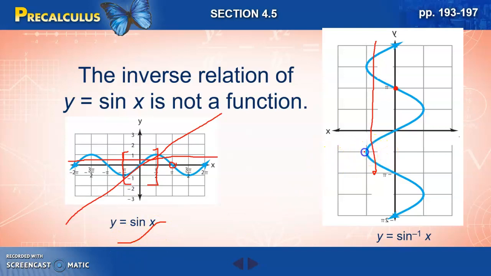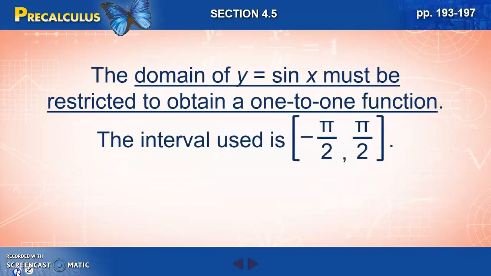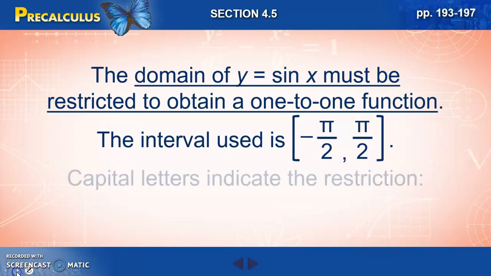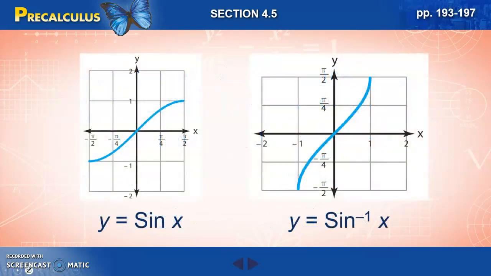Our inverse restricted part would just be from here to here. This piece right there. So we're restricting that domain so that it is a function, and this is the interval that's used, -pi/2 to pi/2, and it's notated by using a capital S. This indicates that our domain has been restricted. Oh, there are the two graphs right there. I didn't need to go back and draw them.